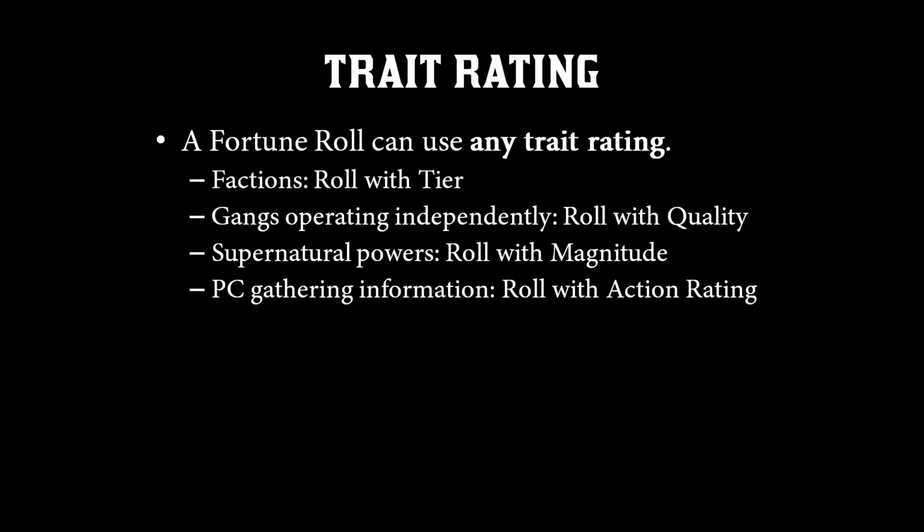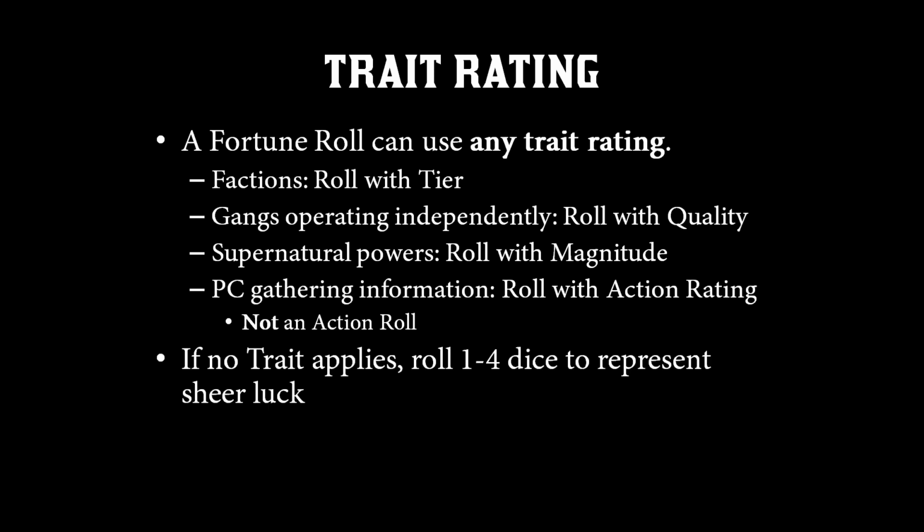So if you have 3 points in Hunt, and you're using Hunt to gather information somehow, then that's the trait rating you're going to use. And importantly, this is not an action roll. So if no trait applies, roll 1 to 4 dice to represent sheer luck. So this is XD6, where X is anything between 1 to 4.